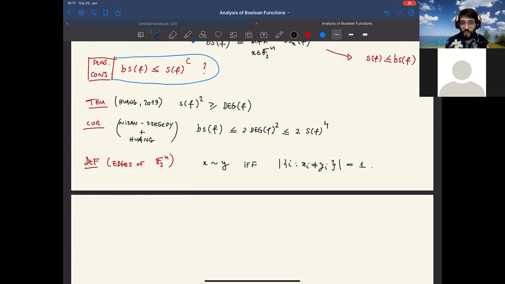Okay, so for instance, if you say that a point is even if the sum of the coordinates is even, and a point is odd if the sum of the coordinates is odd, then an even guy can only be a neighbor of an odd guy, and so on.